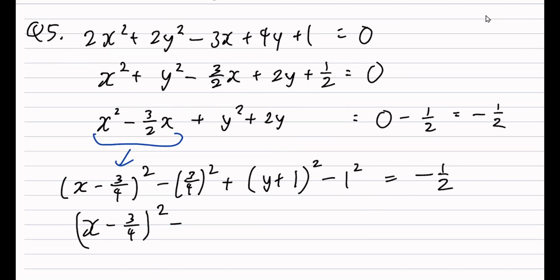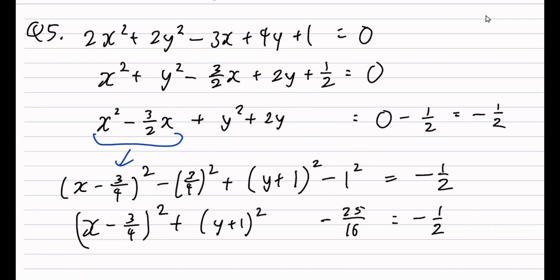Wow, I need a calculator for this. Minus bracket fraction 3/4 square plus minus 1 square. So this and this, I just use a calculator straight away. I get a negative 25/16. Then I add on a y plus 1 square.